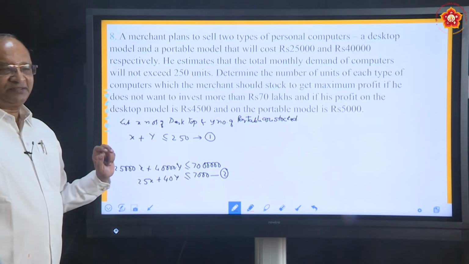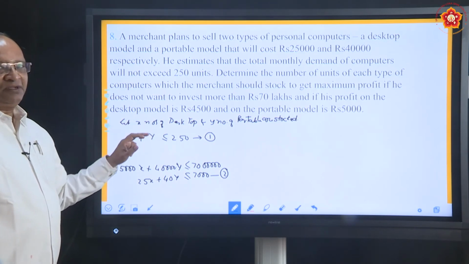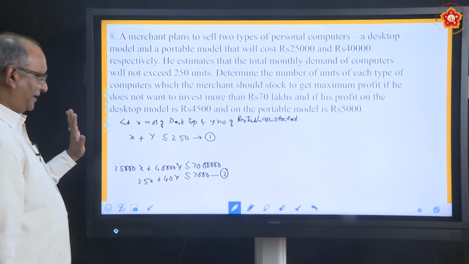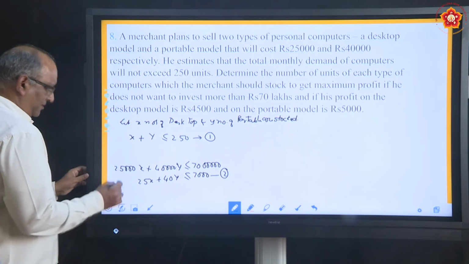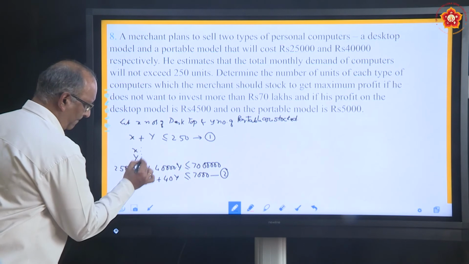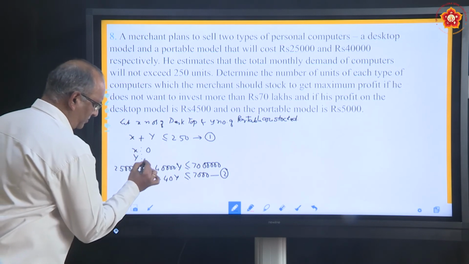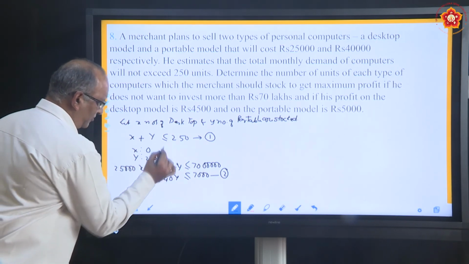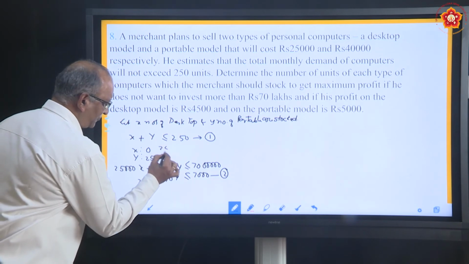What do we do next? We convert into equations and get the points. For the first one, x is 0, y is 250; y is 0, x is 250.